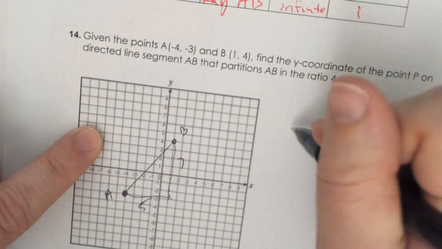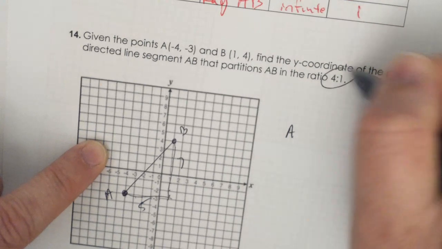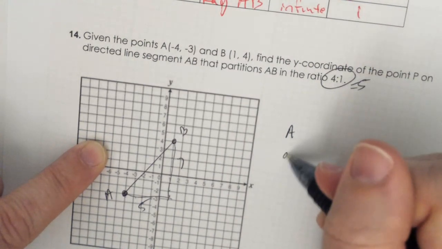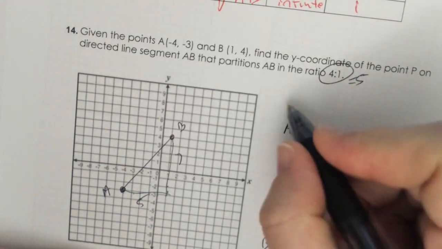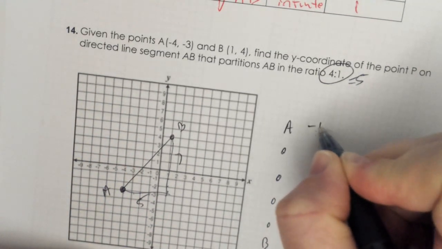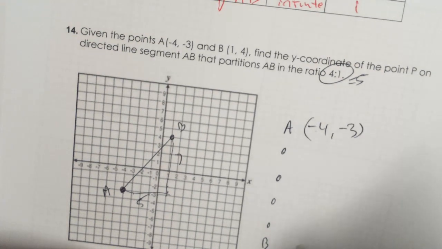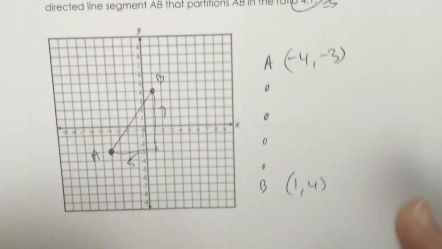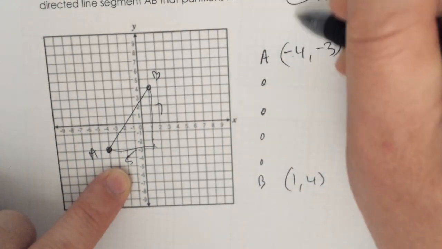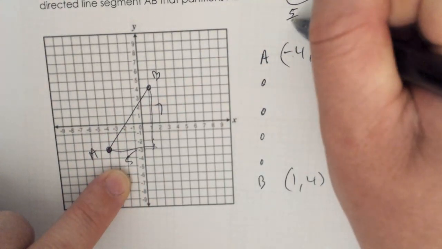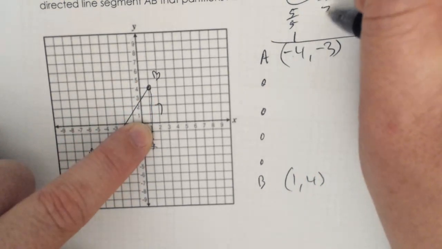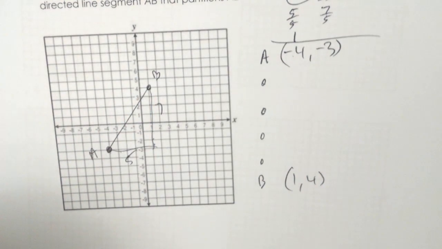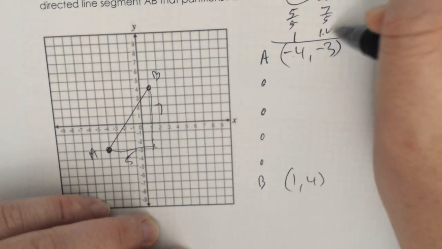From A, we're going to be going a total of 5, so 1, 2, 3, 4, and B is 5. Your A is -4, -3, and your B is 1, 4. So we go 5 divided by 5, which is 1, and vertically 7 over 5, which is 1.4.